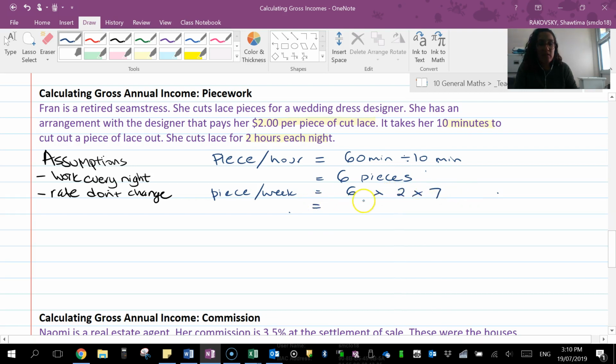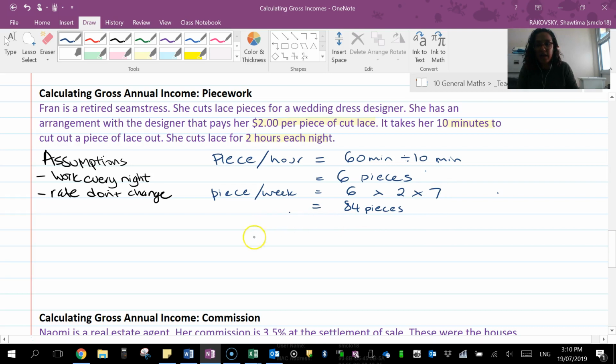So that's going to give us 84 pieces of work. And that comes from 2 hours per night, 7 days a week.